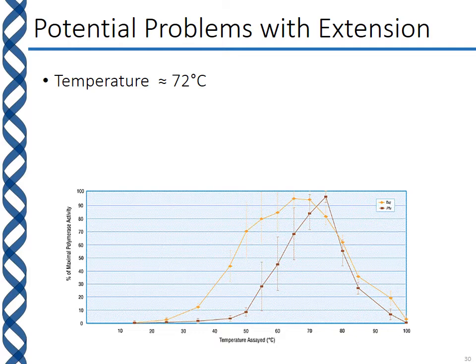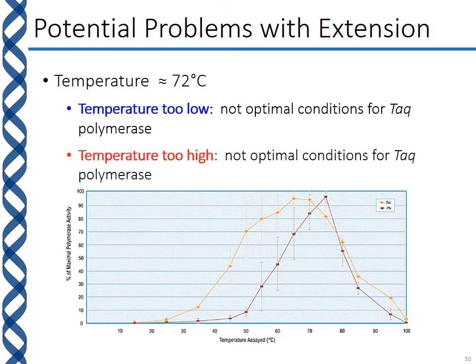However, as you can see on either side of that level, you still have some activity, but it's not at its most efficient. And so whether the temperature of extension is too high or too low, you're losing your extension and therefore amplification efficiency.